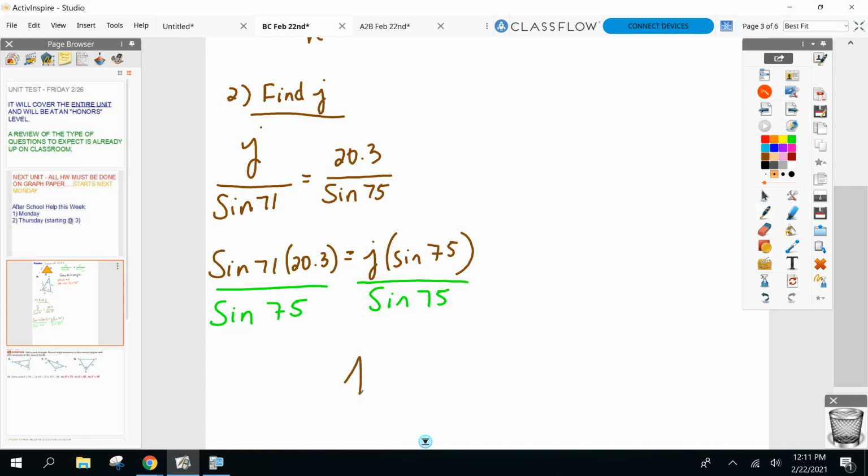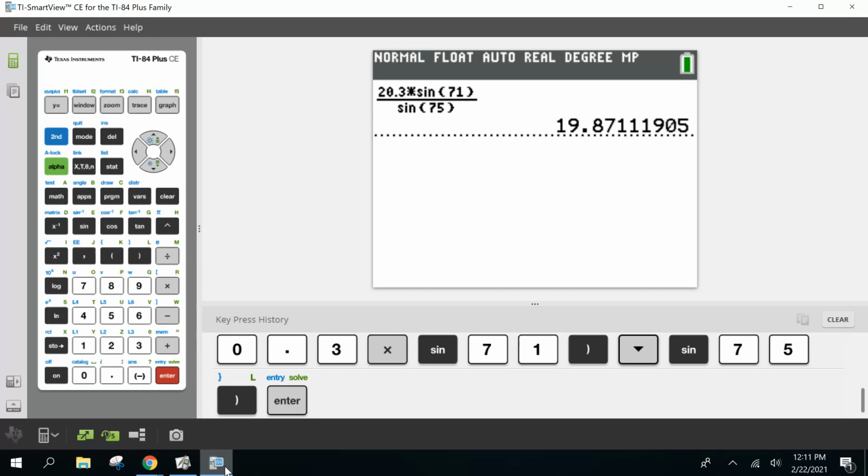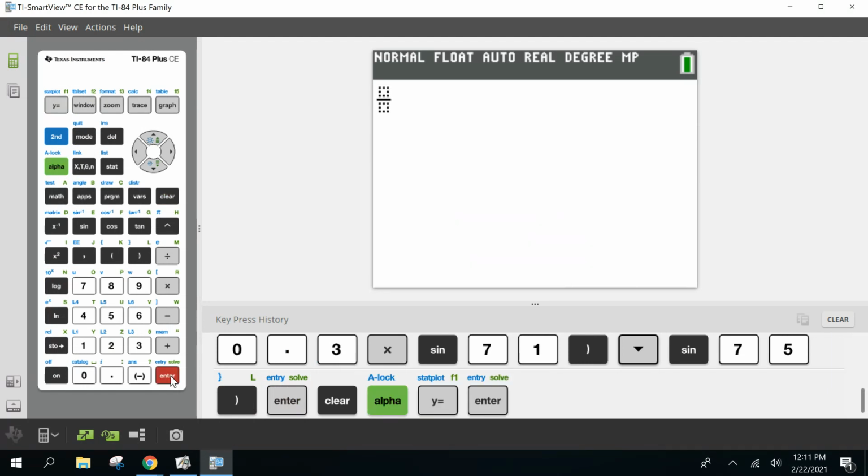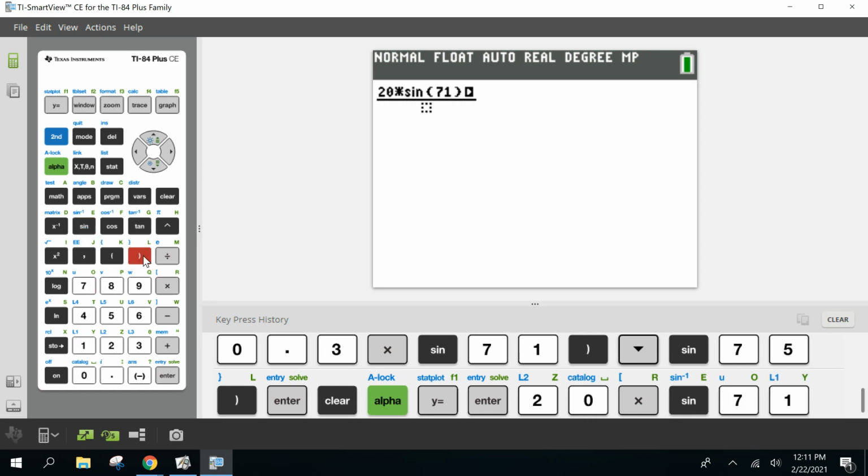So J is going to be equal to, and this is my preference, you don't have to follow my lead here, I like to do it all at the last step. So I'm going to go to my calculator right now. I'm going to pull up a fraction template. On top, 20 times sine 71.